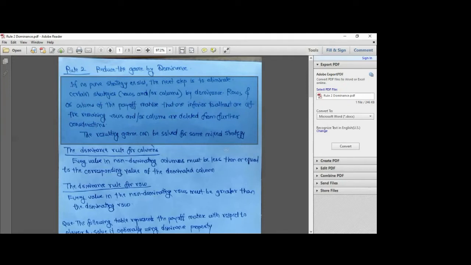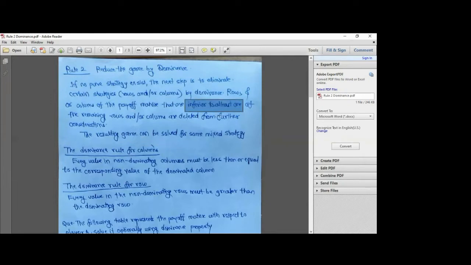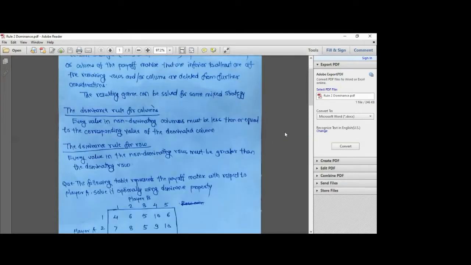So here we are going to delete those rows or columns of the payoff matrix that are inferior to at least one. We have to remember this: inferior to at least one of the remaining rows or columns are deleted from further considerations. And then next we can solve the numerical by the mixed strategy also, that we are going to see, right?